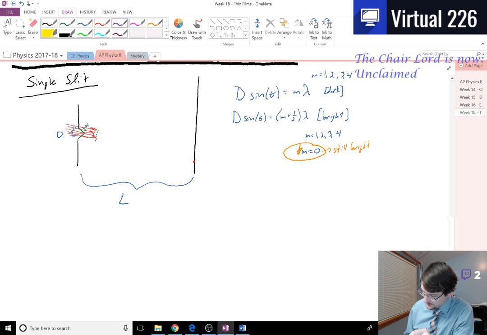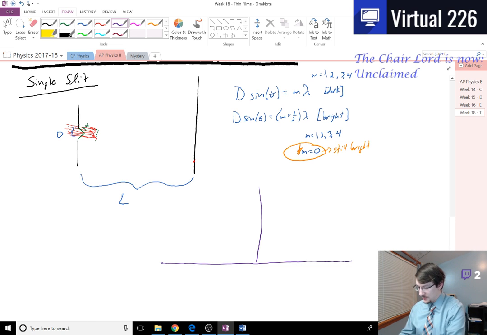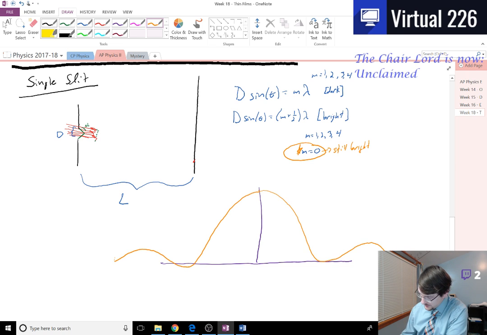The reason is that for a single slit, if this is an intensity graph, or how bright the light is, this right here is a wavelength difference, and then this is two wavelength difference, because those are my dark points.